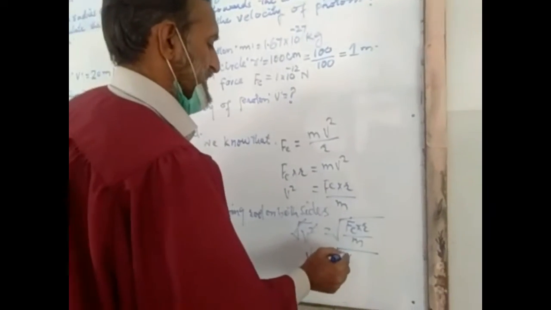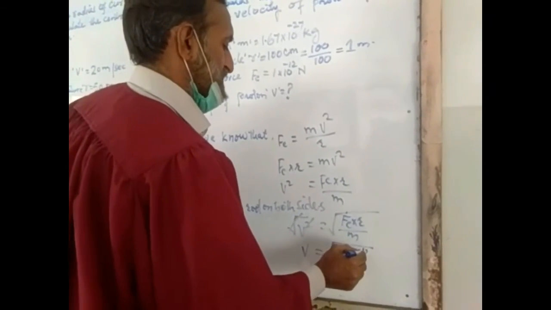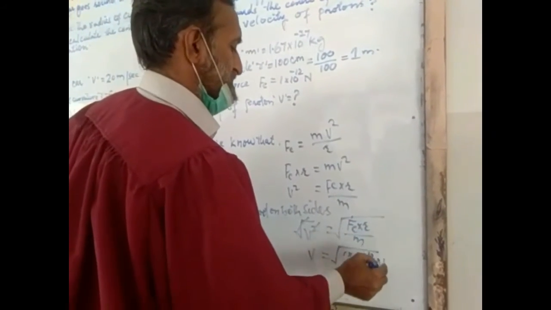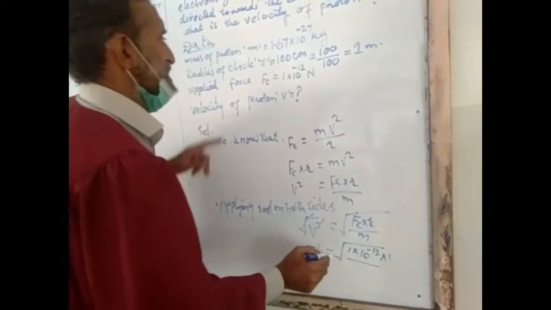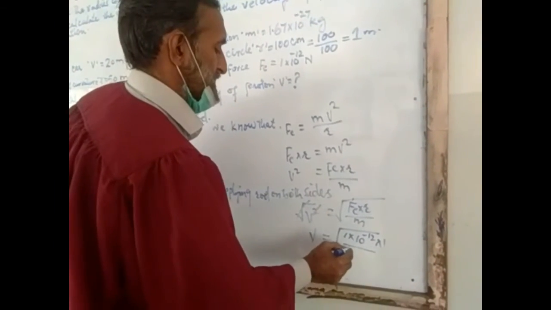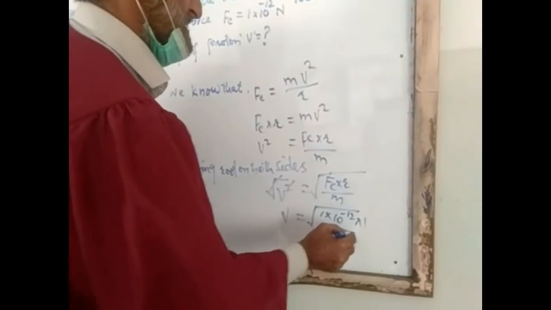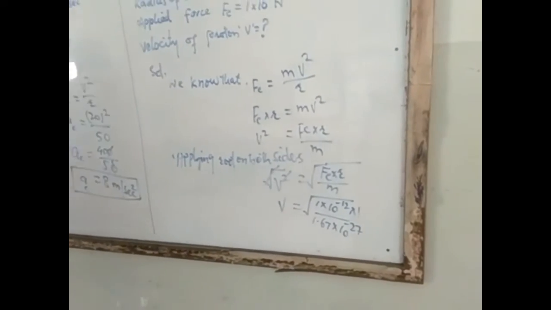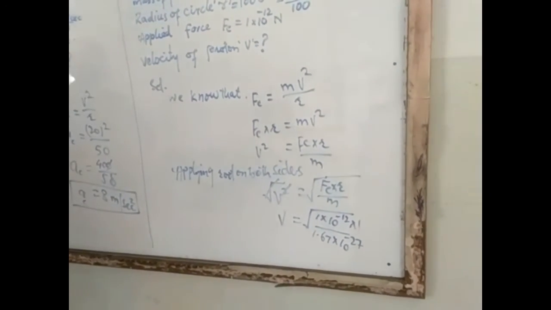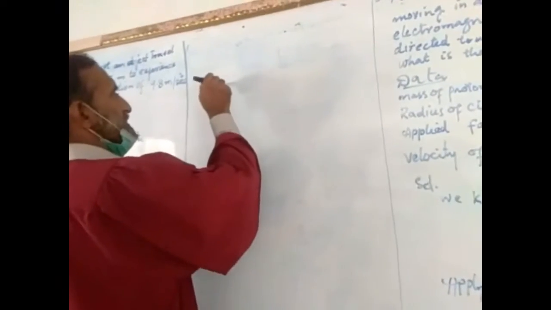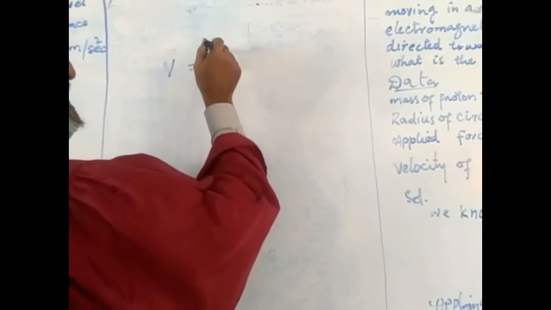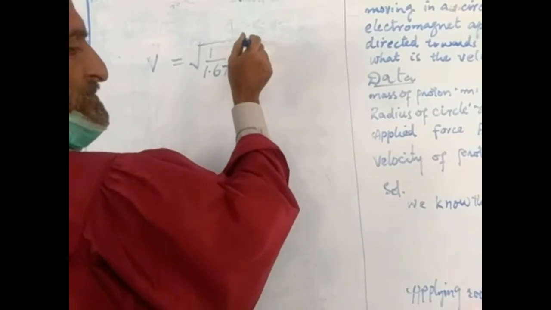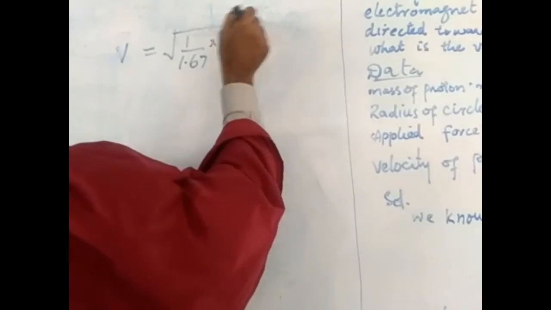Now we will put the values. Centripetal force 1 into 10 power minus 12, multiplied by r, the value of r is 1, upon mass 1.67 into 10 power minus 27. V is equal to root of 1 upon 1.67 into 10 power minus 12.